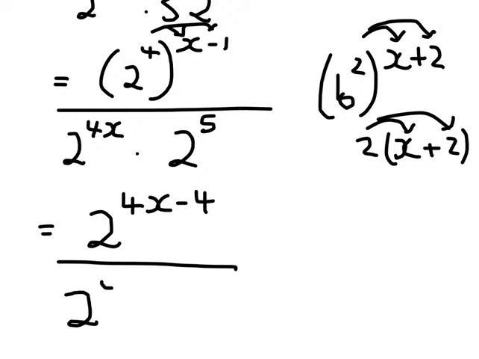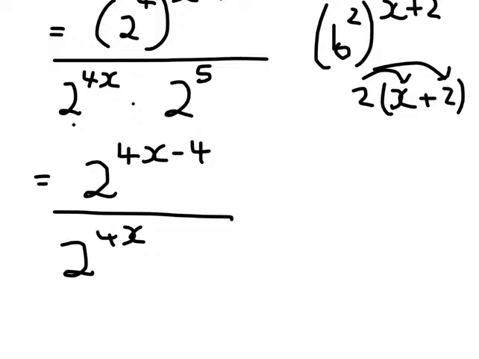I still have my 2 to the exponent of 4x, but wait, this and that are the same bases, so that means I can just add them. The reason I'm adding is because I'm having the same bases. What do you do when you have the same bases? You add their exponents.